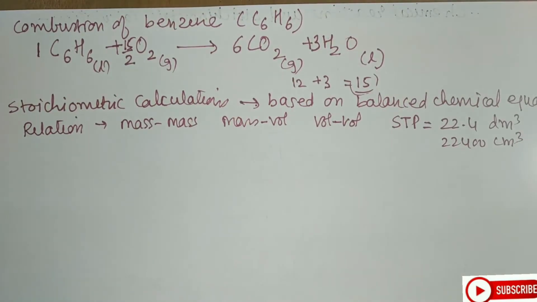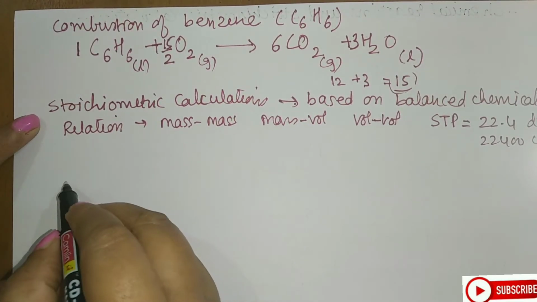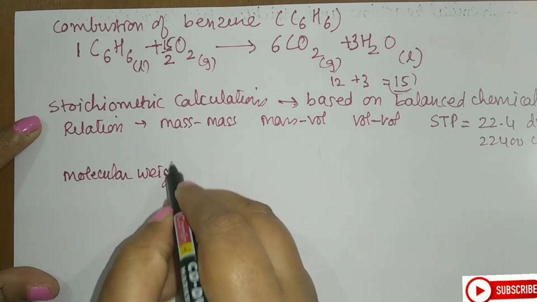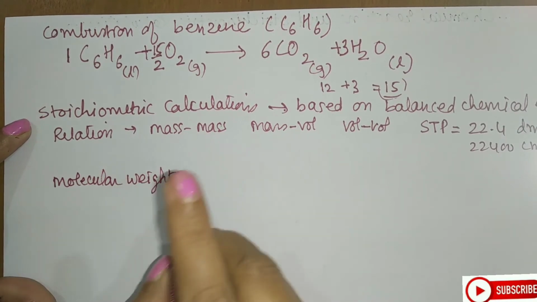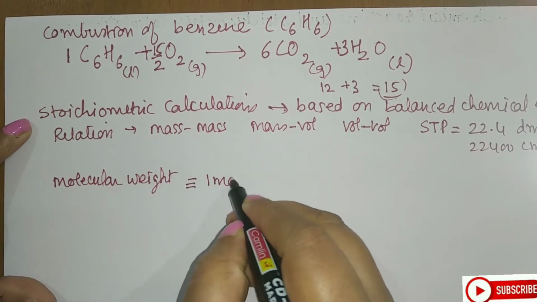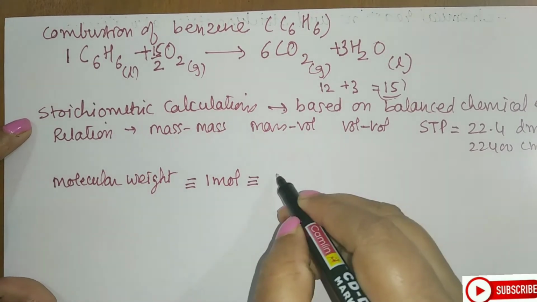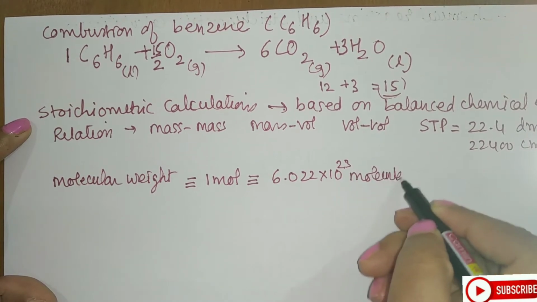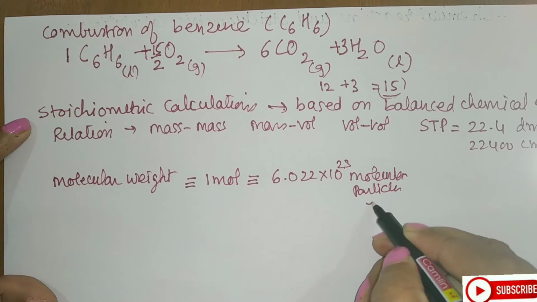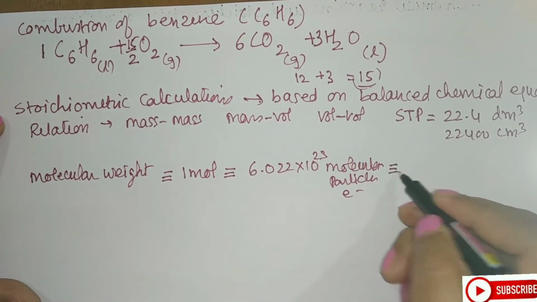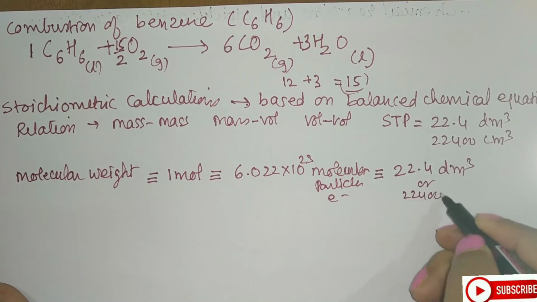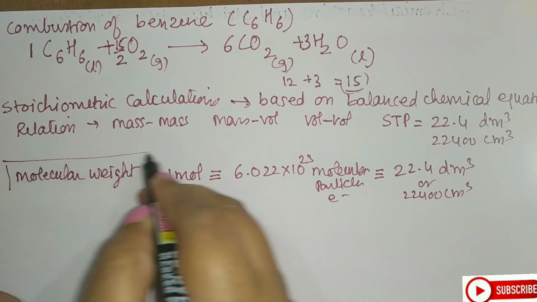Always remember, student, that the molar mass or the molecular weight of any given substance will always correspond to 1 mole. 1 mole of any substance must contain Avogadro number of molecules or particles, and they must occupy a volume of 22.4 dm cube or 22400 cm cube. So this will always be a standard equation.